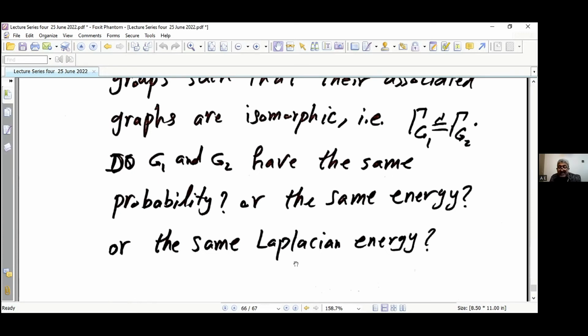And the last comment by myself is that it's very interesting to see that if you take any graph, I haven't mentioned here, but I just explain.